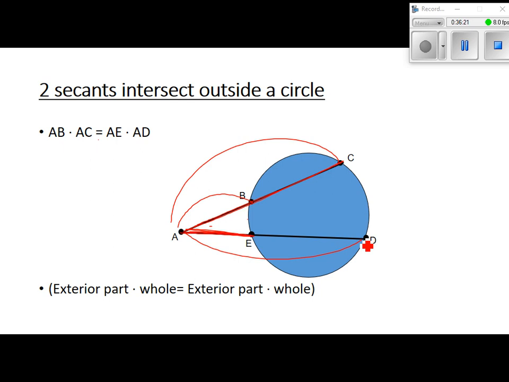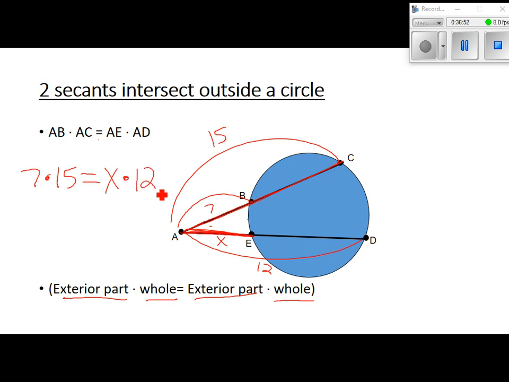So the way I wrote it down here, it's exterior part times the whole secant equals exterior part times the whole secant. So if I had some numbers here, maybe this is 7, this is x, and this whole thing down here is 12, this whole thing up here is 15. We would do 7 times 15 equals x times that whole thing, which is 12.